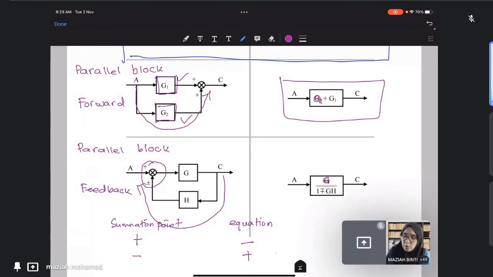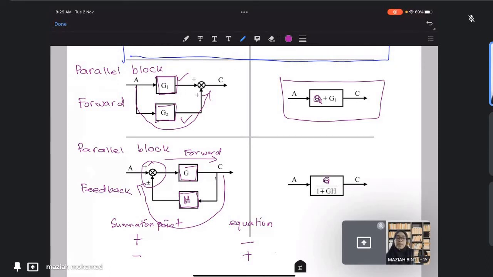Normally for a forward block, we call it G. If it is a feedback, normally we represent it by H. It is just notation in control, but actually you can use any sign.